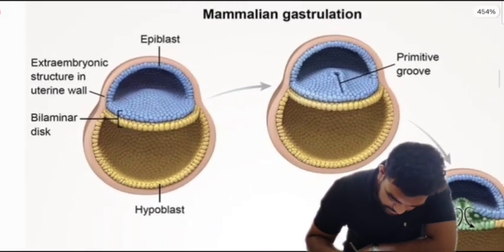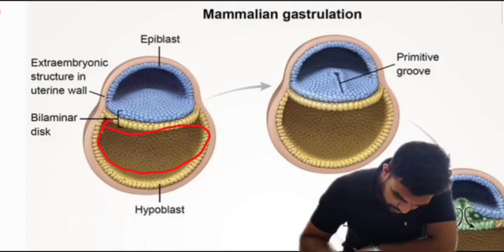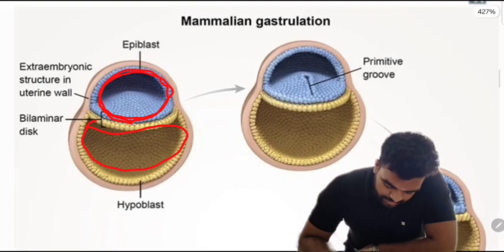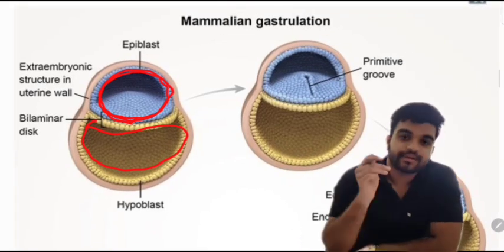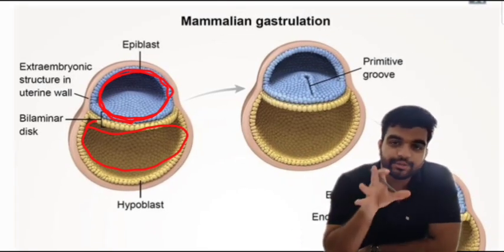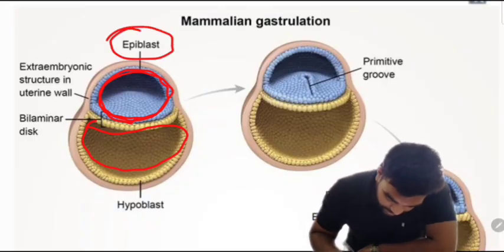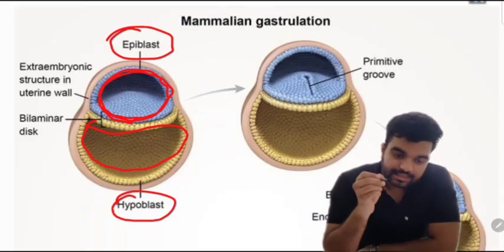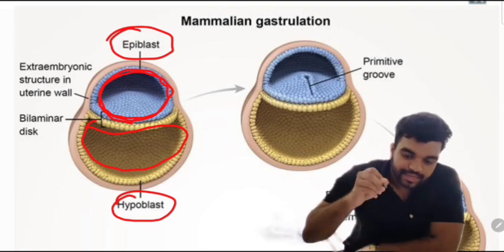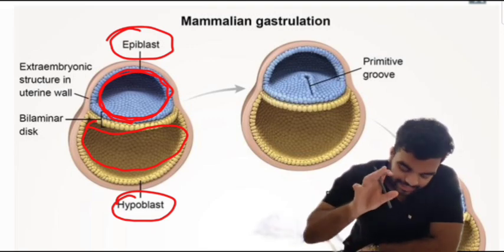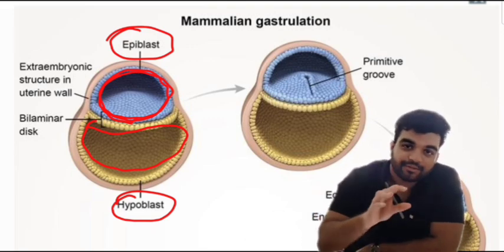This is the yolk sac, and this is the embryo that was being formed. There are two types of cells that were formed during this formation. One is epiblast, the other one is hypoblast. The lining of the yolk sac was formed by hypoblast. The lining of the embryo was formed by epiblast.